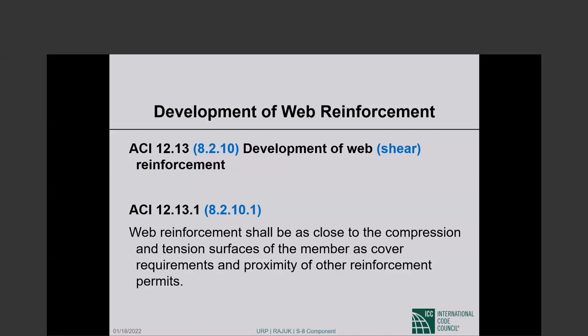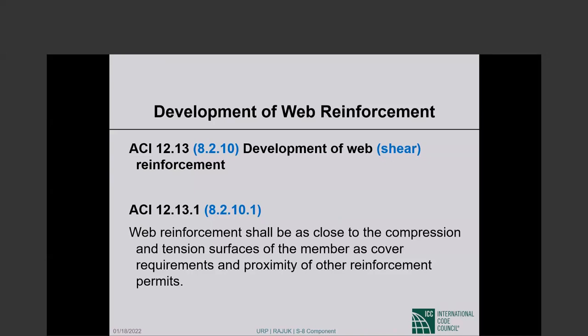I do not know how widespread that usage is in Bangladesh. So I thought last night or early morning, when I was looking at this portion of the presentation, that those are probably things that I will skip. Obviously you will have the slide set. You can go to BNBC or 318, but I probably will not spend time discussing that. So, development of web reinforcement.